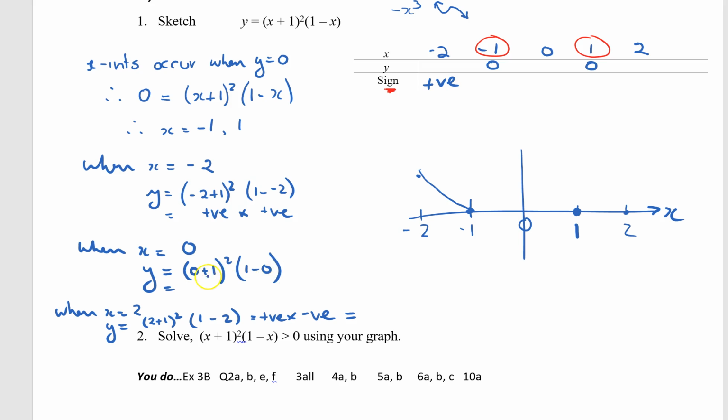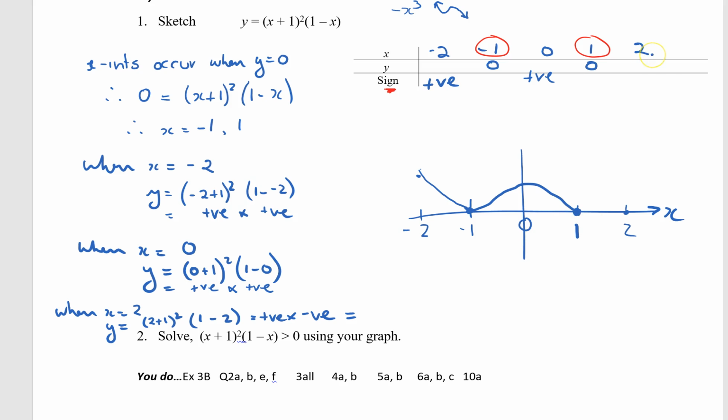Now anything squared is positive, times 1 is also positive, and a positive times a positive is positive again. So at 0, the function is positive. The y values are above the x-axis. So we must turn at this point and come up, and then we know we come back down because there's another x-intercept over here at 1.